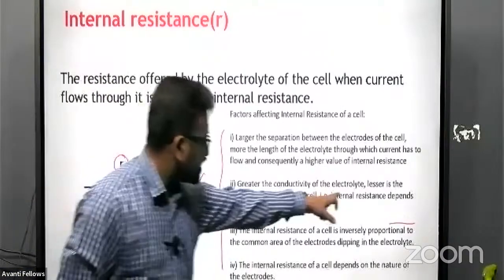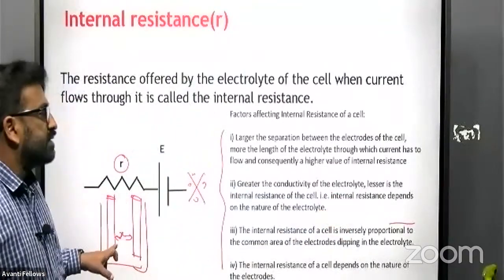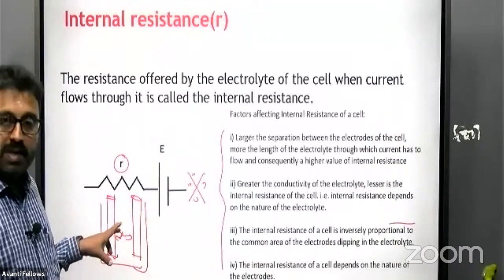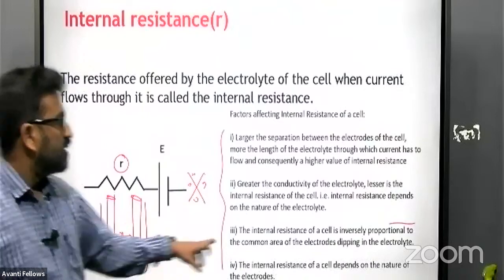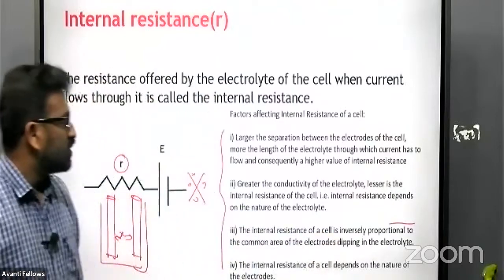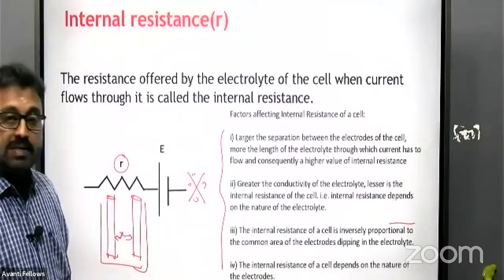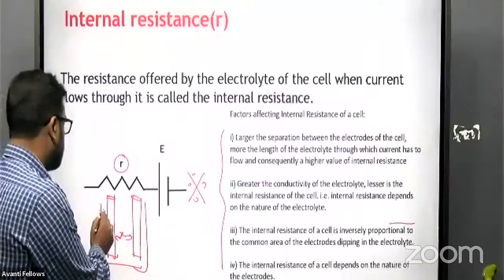And the greater the conductivity of the electrolyte, if the electrolyte is highly conducting, then obviously the internal resistance will be lesser. Then the internal resistance of a cell is inversely proportional to the common area of the electrodes dipping in the electrolyte. See, these electrodes are there now.